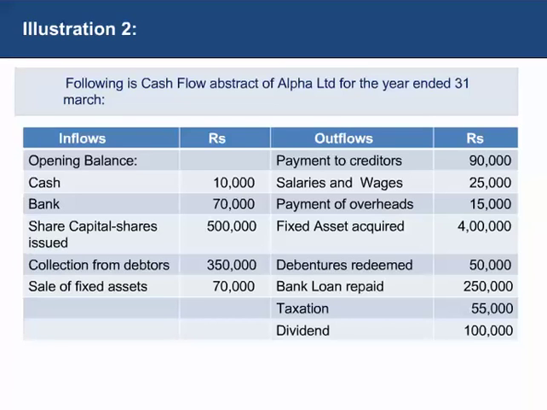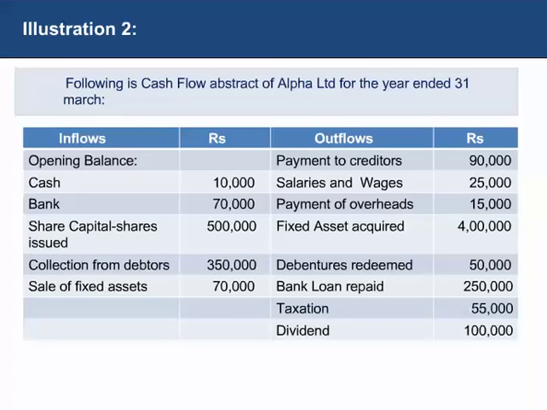So friends, if you see, this should be your financing cash flow. Collection from debtors is 3,50,000. Where collection from debtors is the word used, it should really trigger in your mind that this is operating cash flows under the direct method. Then you see sale of fixed assets. This should be your investing activity. Payment to creditors, again operating cash flow under direct method, 90,000.